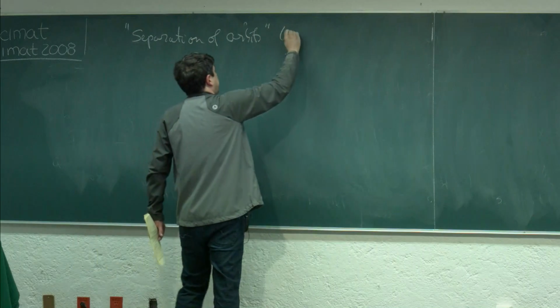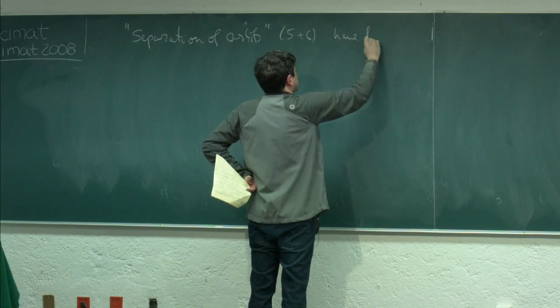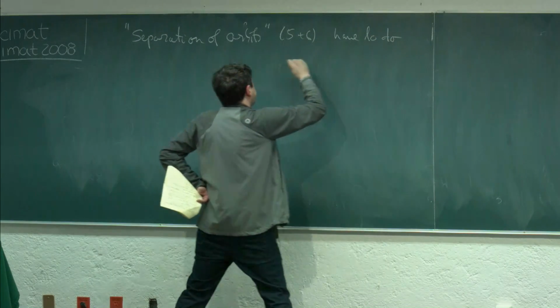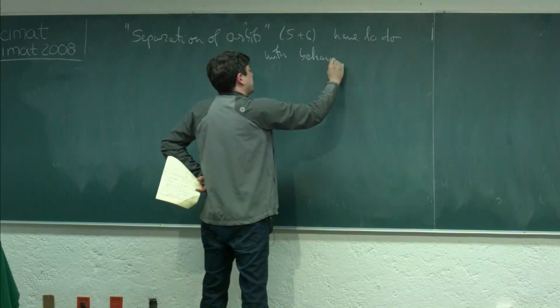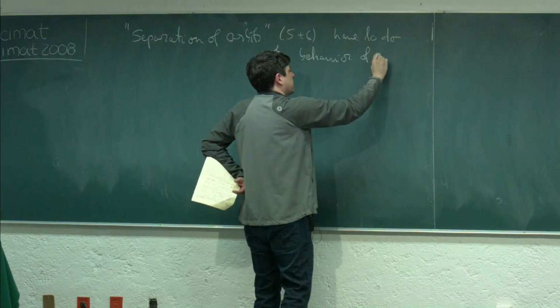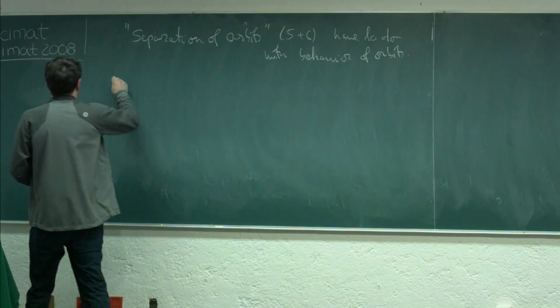This is kind of, 5 and 6 have to do with the behavior of orbits. So let's see some examples.